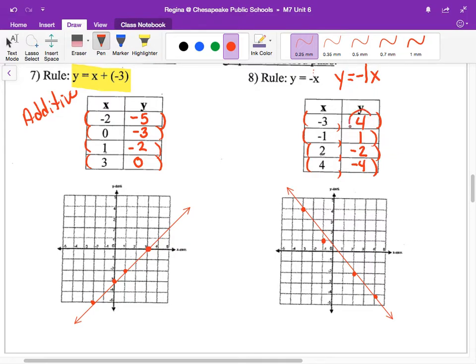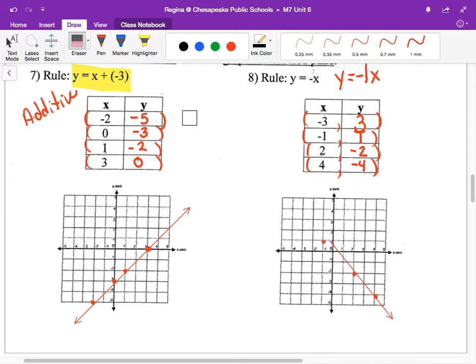Oh, right here. -3 times -1 is not 4. I made a mistake, which happens. -3 times -1 is a +3. So let me change it.